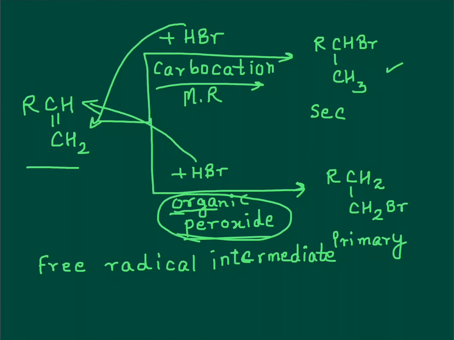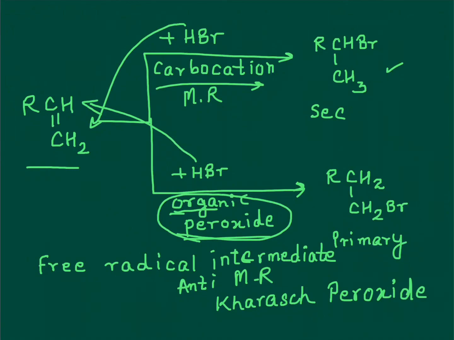And the second one, which we are carrying out in the presence of an organic peroxide, this is anti-Markovnikov rule. And interestingly, there's a specific name for this reaction, and it is called the Kharasch peroxide effect. Please excuse my pronunciation in case I have not got the name right.